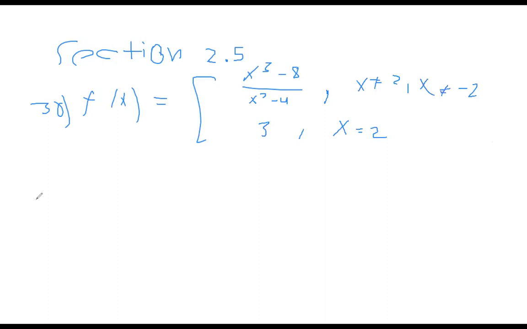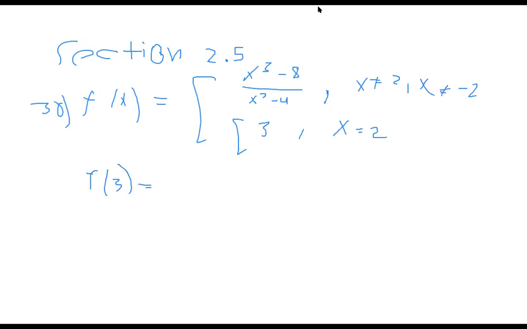For this one, we're talking about continuity, right? So first things first is to find the right and left hand limits and to find where the function is defined. So in this case, if we plug in f of 3, that's going to be 2, because x is here, and then we have x 3.